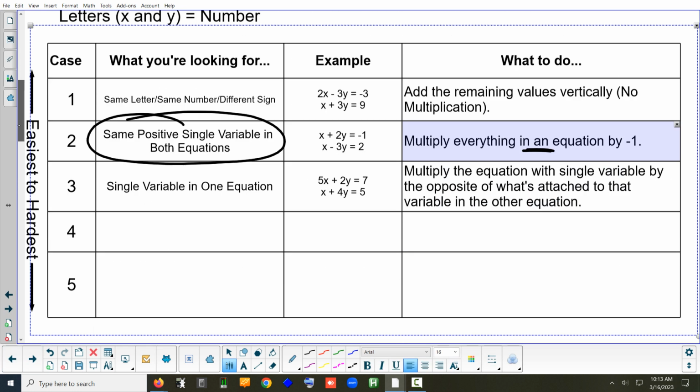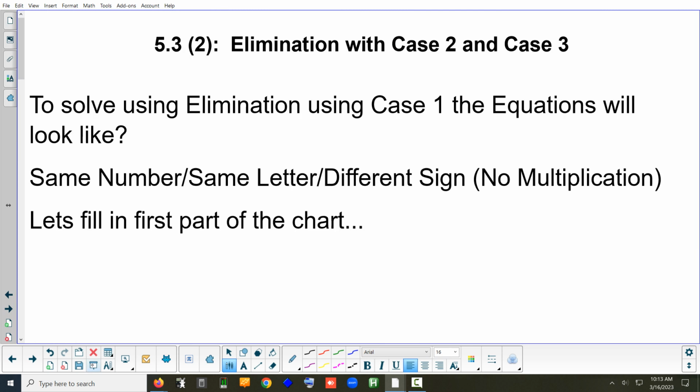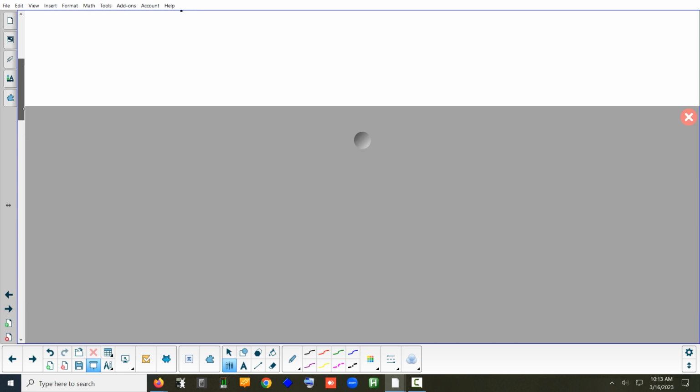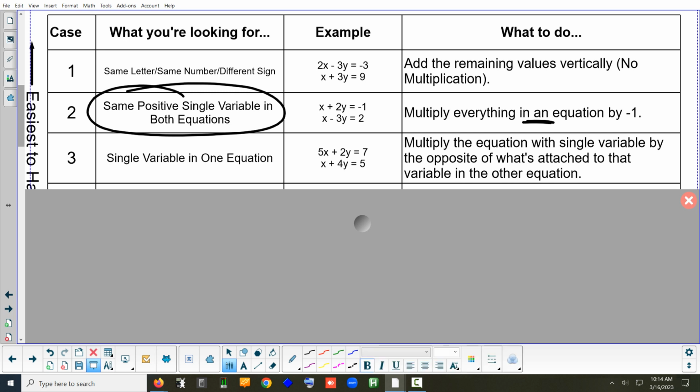All right, so at the top of your guided notes, you guys have a spot for writing down situation 3. In situation 3, is when you have a single variable, but it's only in one of the equations. It's not in both. If it's in both, then we can do it like situation 2.